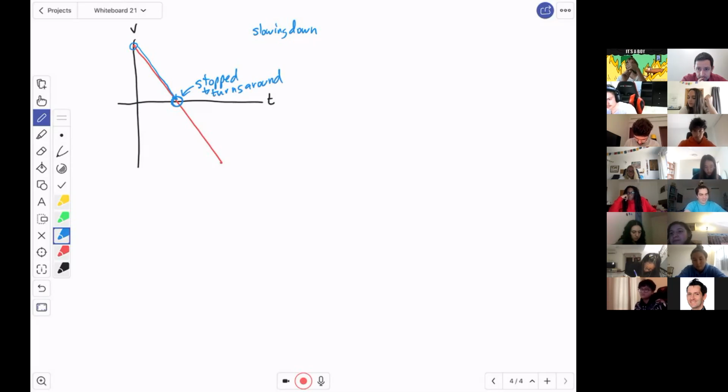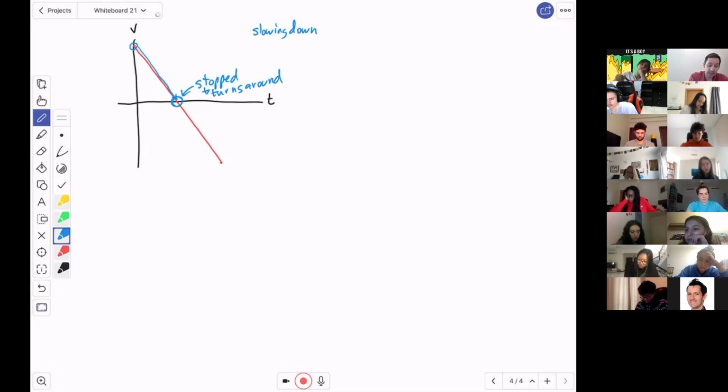It speeds up a bit and then it slows down again, so it's probably turned around at some point. But what tells me that it's turned around? Negative velocity. It's like throwing a ball and it reaches a speed of 0 and then it goes back down. Elena, what tells me the direction? The positive and negative parts.